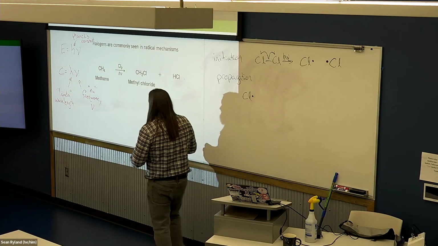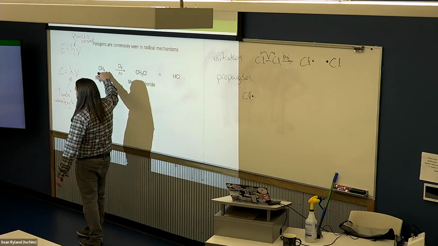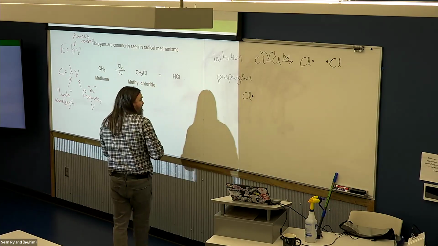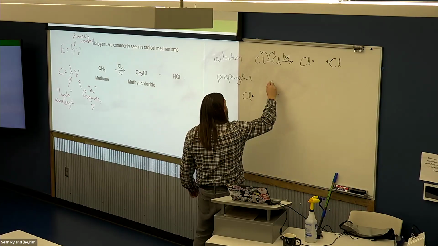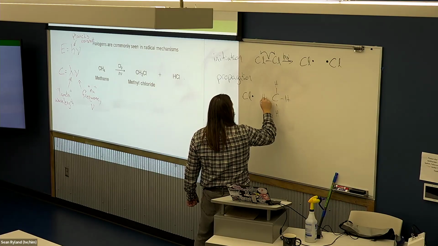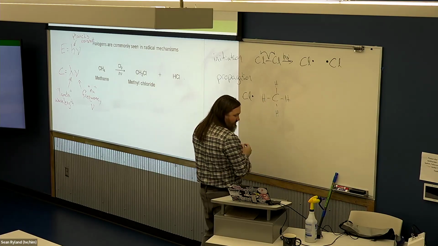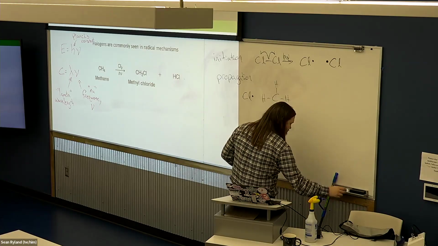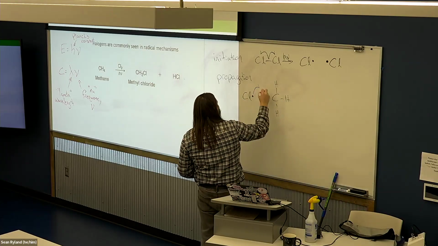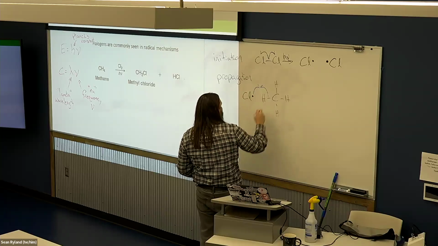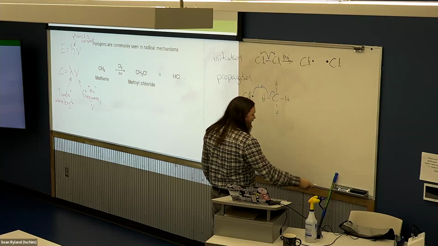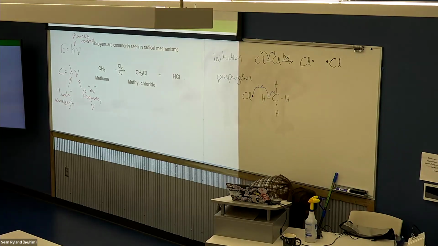And then whatever you're sticking the halogen on is your other reactant. So if we have a methane around, we get a hydrogen abstraction.